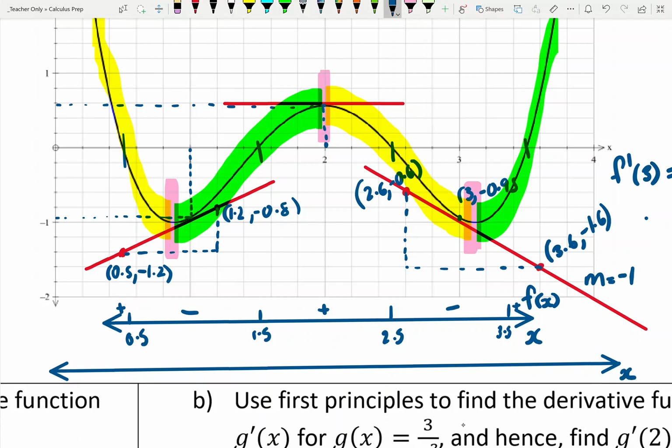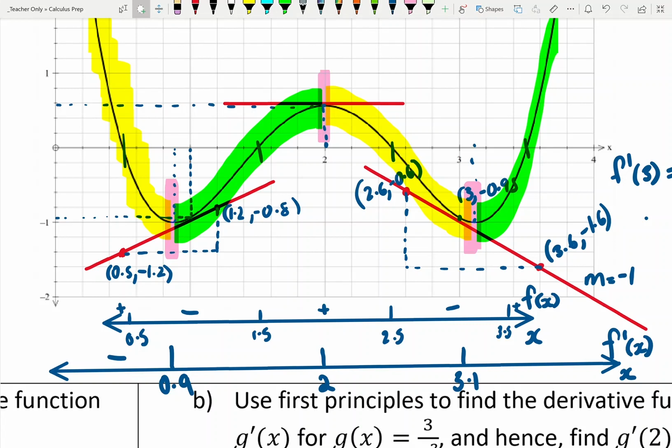So this time I put x here to show that I'm talking about x coordinates, but I write f dash of x to show that I'm talking about the slope of the derivative. So our critical point here, if we read off our graph, is approximately 0.9. The point in the middle there is 2, and this point here is approximately 3.1. You can see in the section marked in yellow to the left of 0.9, the graph is sloping downwards, so it gets a minus sign.